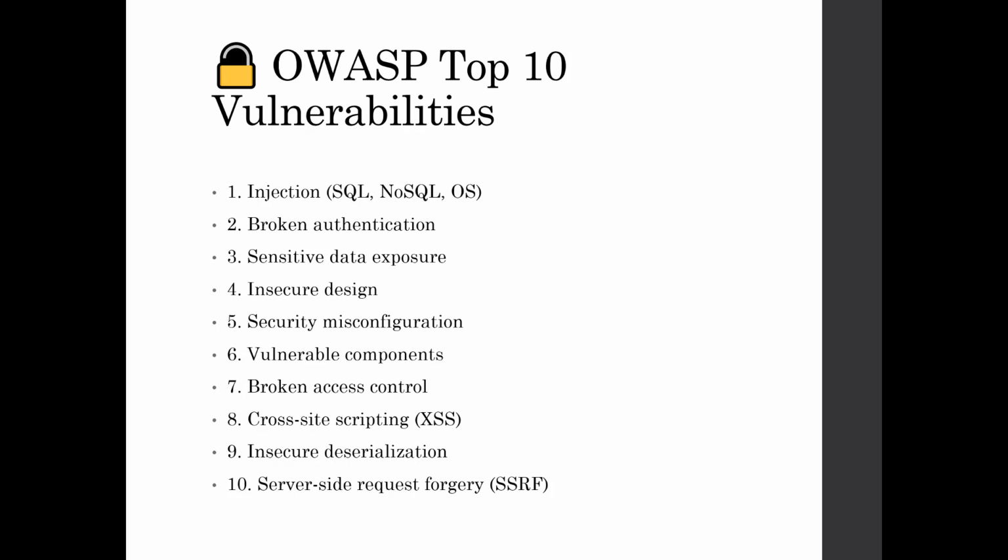So those are injection, right? Like SQL and OS injection, making sure you're using things like parameterized queries. That's going to keep attackers out of your data. Broken authentication, sensitive data exposure, insecure design, security misconfiguration, vulnerable third-party components, broken access control, cross-site scripting, insecure deserialization, and server-side request forgery.